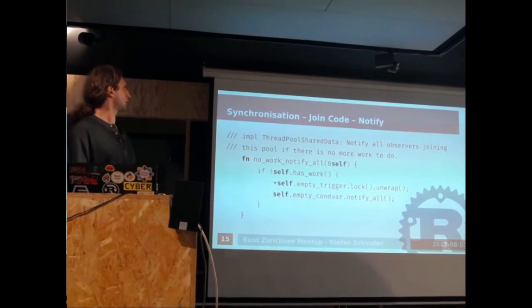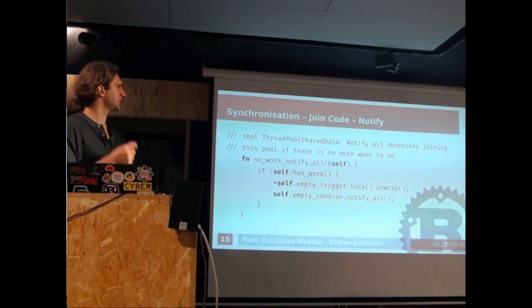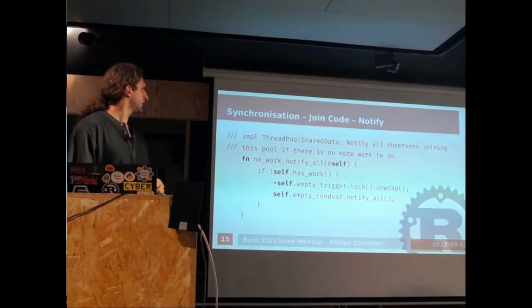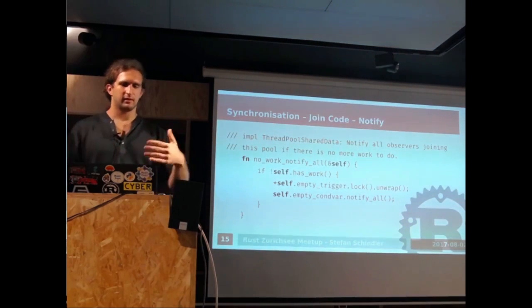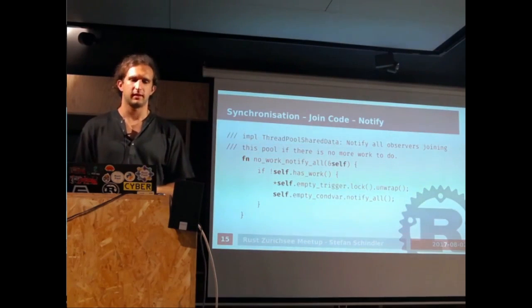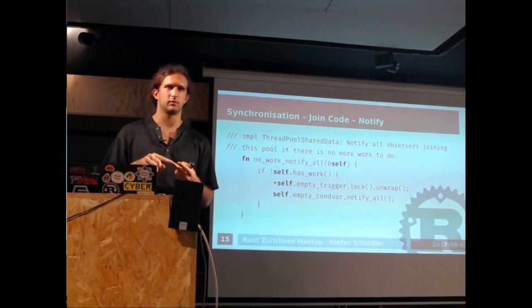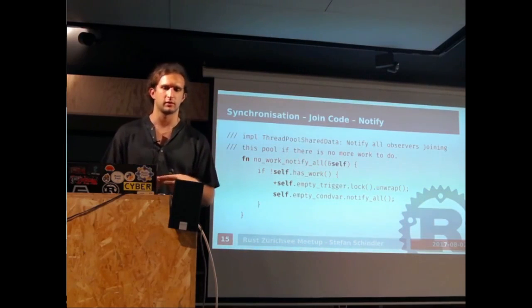Cool. So if the thread pool is out of work, it will notify the other threads. Maybe you should change the slides of that. So after every job that's finished, the worker thread will check, is it still needed? And was I the last one doing some work?